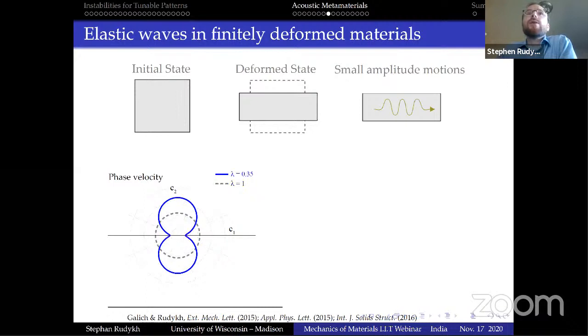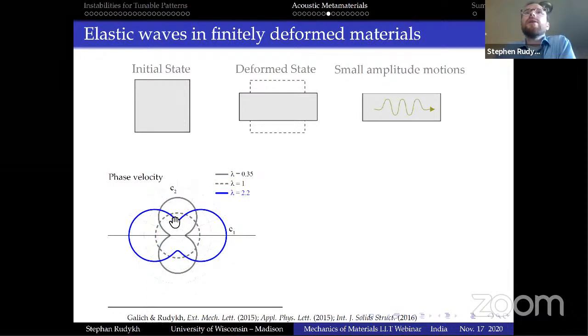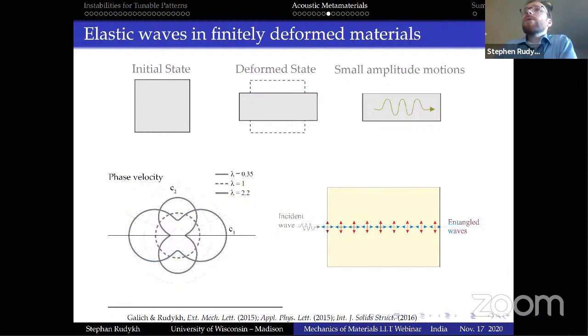But as you start deforming the material to quite extreme levels, what you will see, and that's what this model predicts, is that the velocity will increase with the factor of the stretching or compressing, depending on which direction you send your wave relative to the deformation. And this phenomenon you can also use to produce an interesting type of behavior.